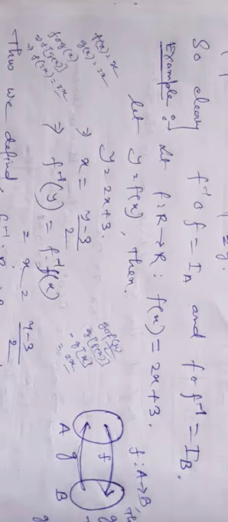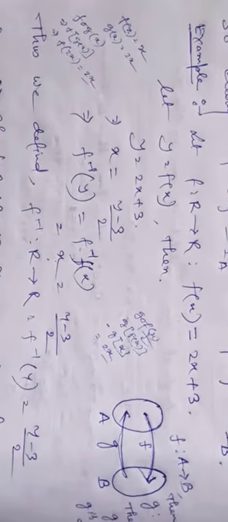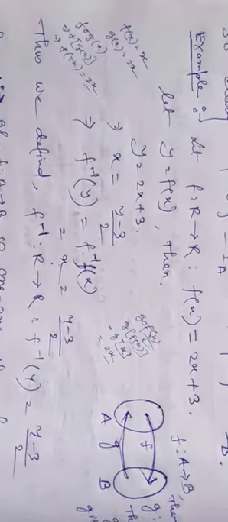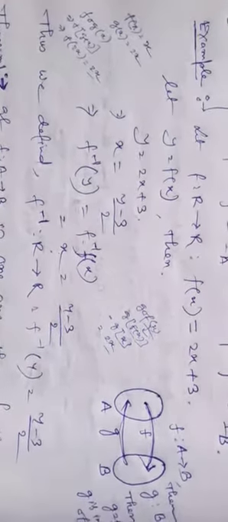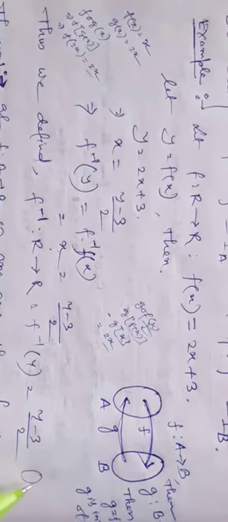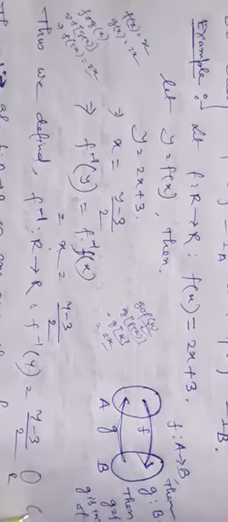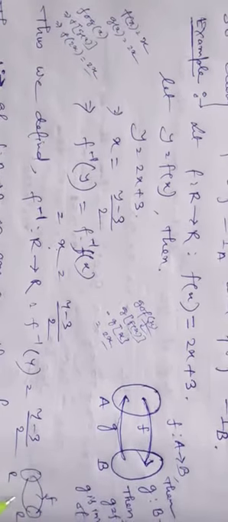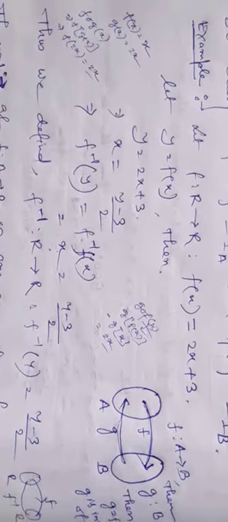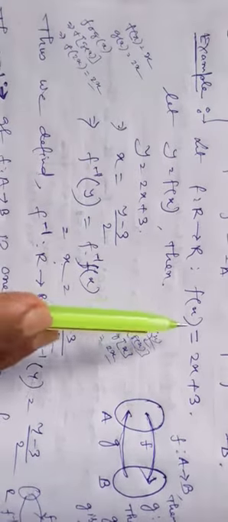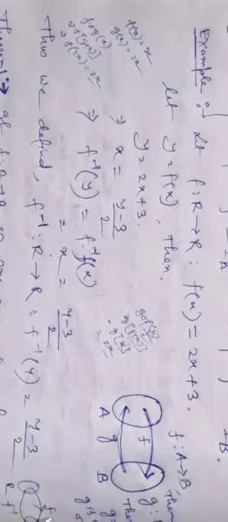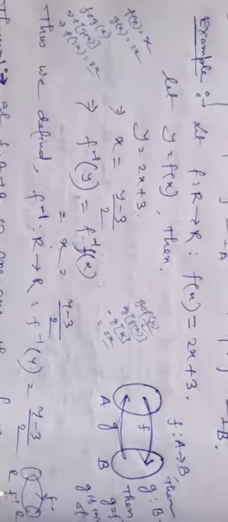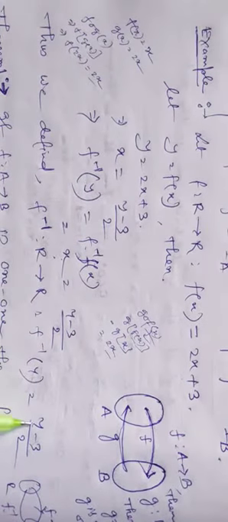Thus we can define the inverse function like this: f inverse from R to R. My f was from R to R, and f(x) was denoted by 2x plus 3. So f inverse of y is denoted by (y minus 3) by 2.